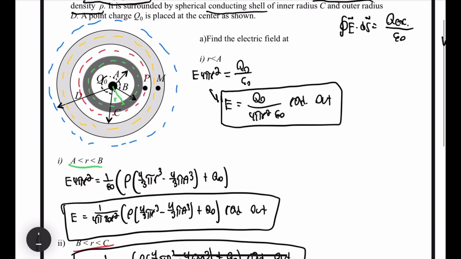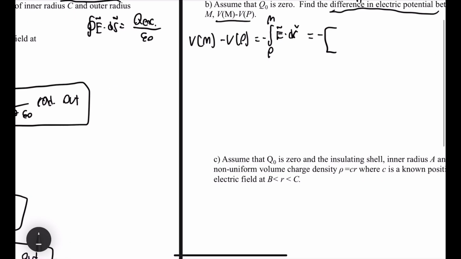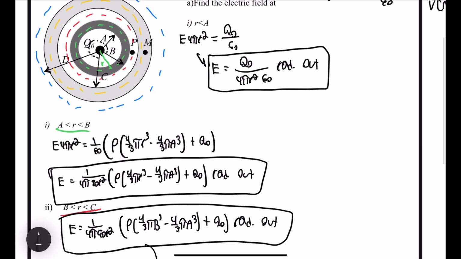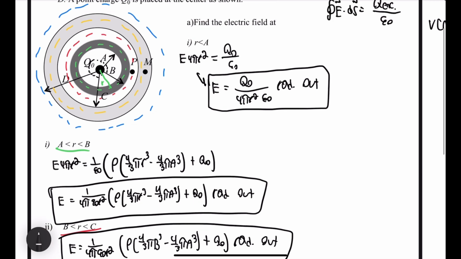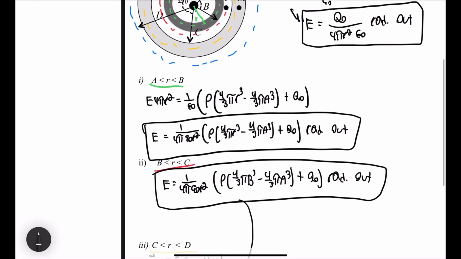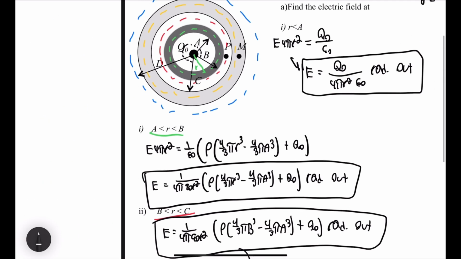The one in red. So my integral is going to start at P, and it's going to go up to the point before the electric field changes. So because I'm in between P and C, my first integral is going to go from P to C, because anything after C is when my electric field begins to change.